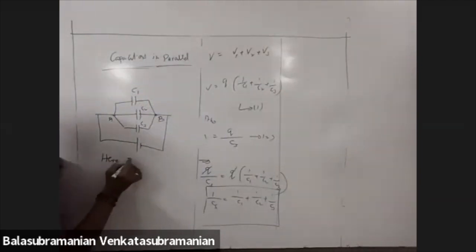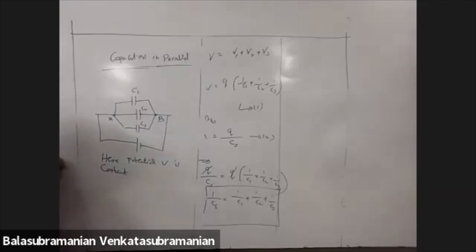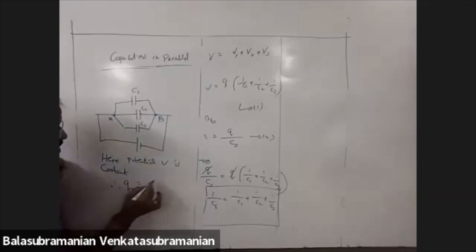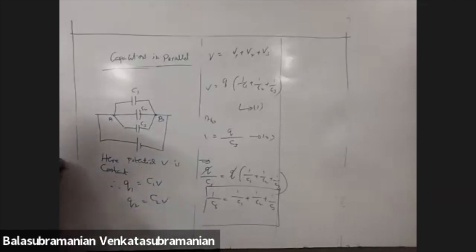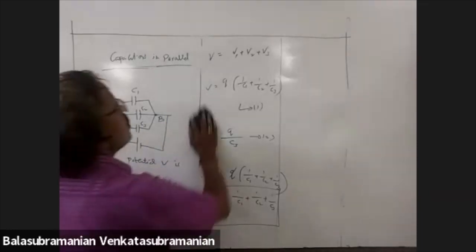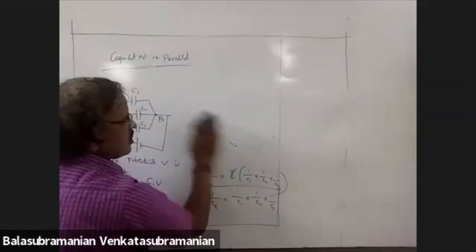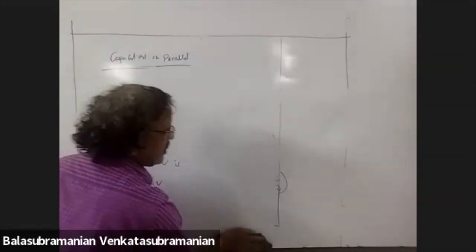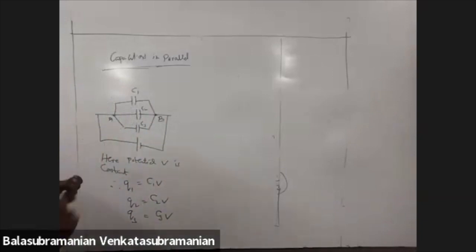Here potential V is constant. Therefore, charge Q1 is equal to C1V, Q2 is C2V, Q3 is C3V. You understand?